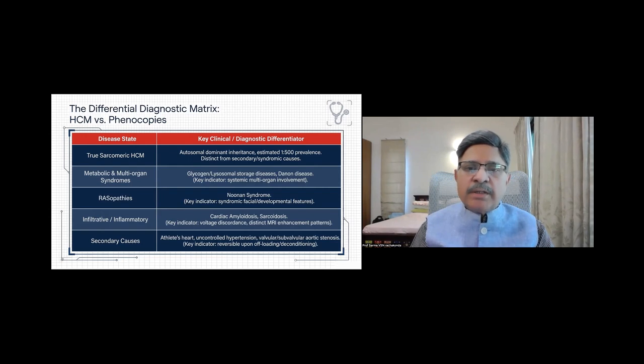Key indicator: systemic multi-organ involvement. RASopathies, that is Noonan syndrome: syndromic facial and developmental features. Infiltrative and inflammatory: cardiac amyloidosis, sarcoidosis, voltage discordance, distinct MRI enhancement patterns. Secondary causes: athlete's heart, uncontrolled hypertension, valvular or subvalvular stenosis, reversible upon offloading and deconditioning. Secondary causes are easily treatable.